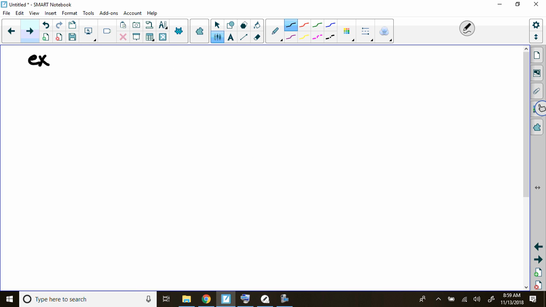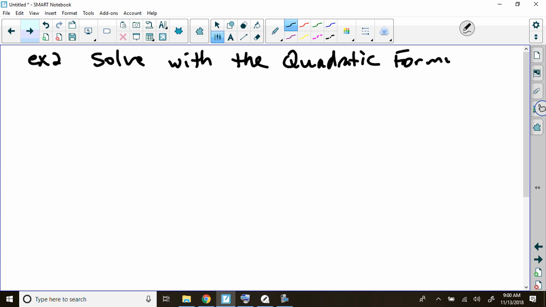Example 2, solve with the quadratic formula. 4x squared minus 32x minus 192 is equal to 0.